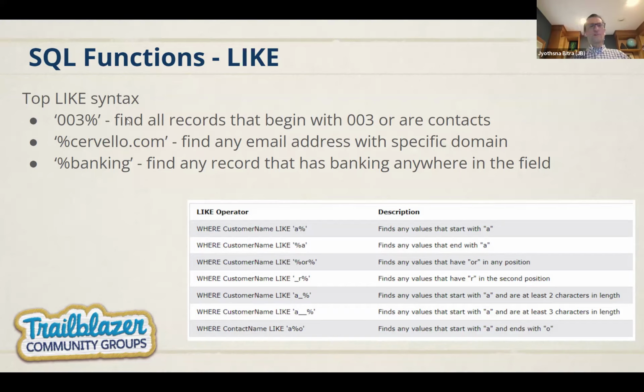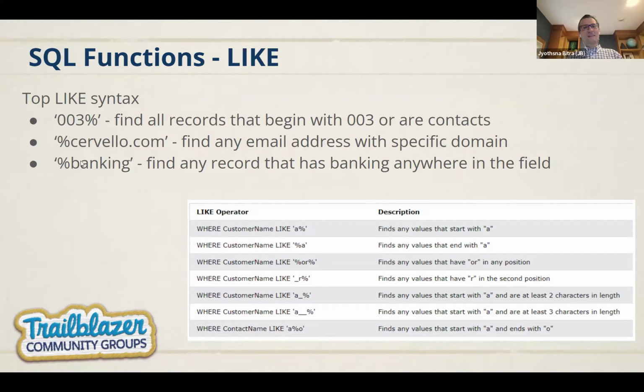Same thing if you want any value that ends in a certain syntax. Like in this example, we want to find all records that end with the domain cervello.com. So that's how you would use that: single quote, %, and then the text that you're looking for, and then a single quote.